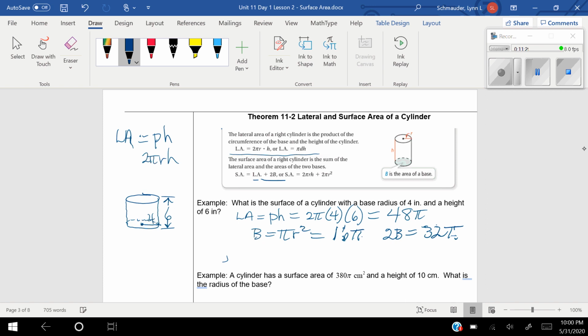So the surface area is lateral area plus 2b. So that's going to be 48 pi plus 32 pi. And that's going to be 80 pi. What do we got here? Square inches. Let me double check my answer. I believe that is correct.